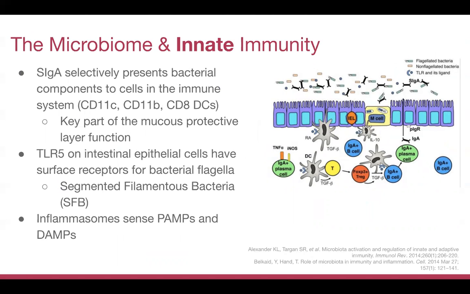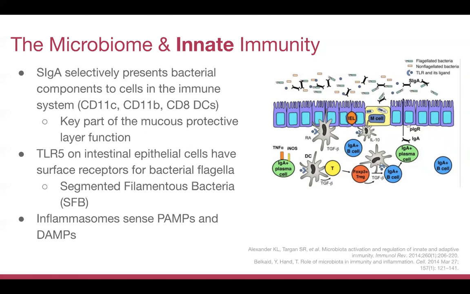So again, it goes out into the lumen, samples, and presents it back. The IgA in plasma can also express TNF alpha and inducible nitric oxide synthase. It's part of how the IgA system works to compartmentalize the microbial responses, and essentially it's walling it off to prevent a systemic response to the microbiota.